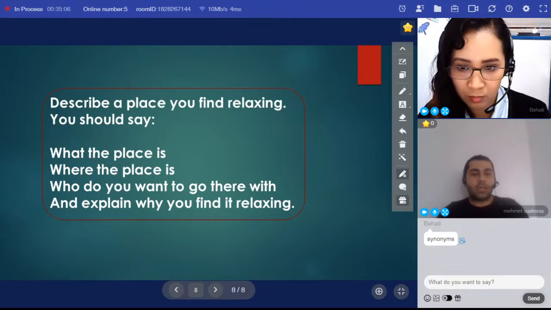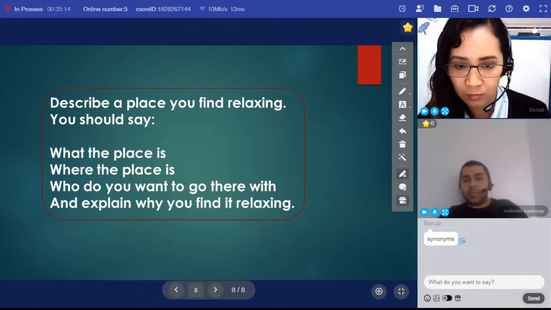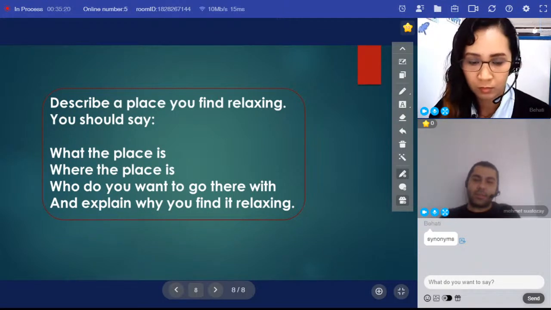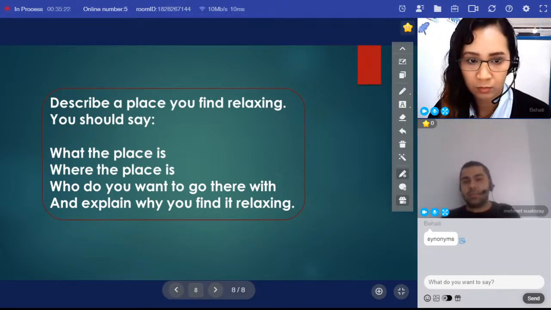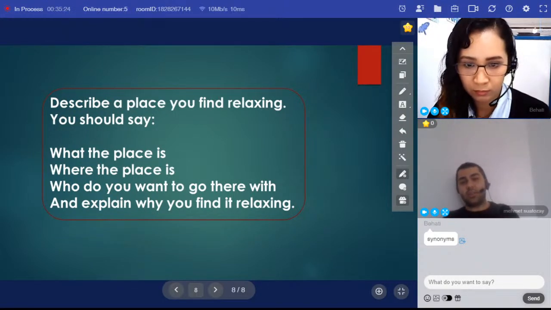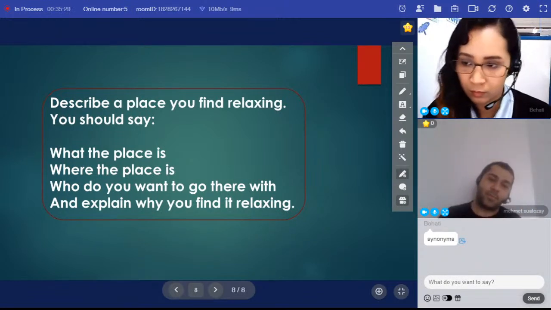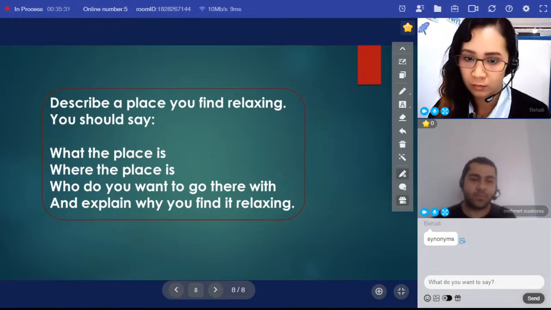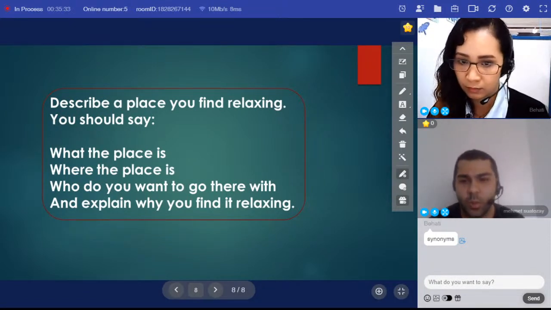I really like that place because it's very clear and very peaceful, silent. I don't like crowded places, traffic, cars, and noisy places. That's why I like it.